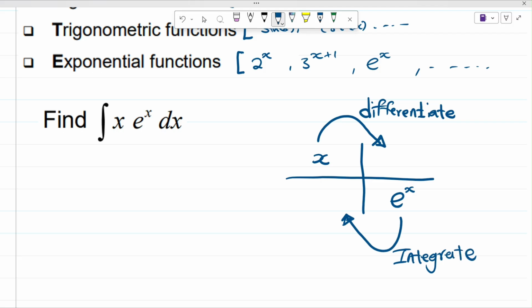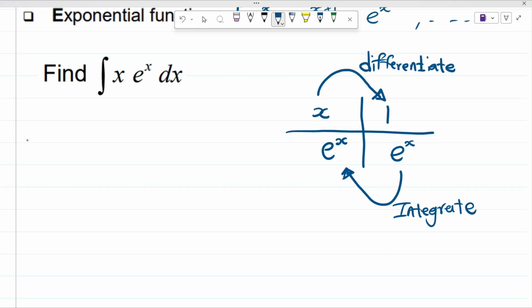All right. So that means from here to here, I'm going to differentiate x. So my x here, when I differentiate x, is going to be 1. And then when I integrate my e to the power x, it's still going to remain e to the power of x. Now comes the part of writing the answer.